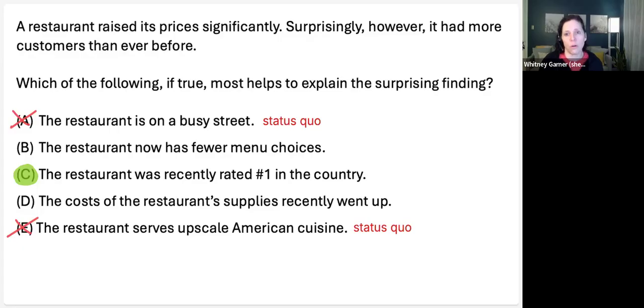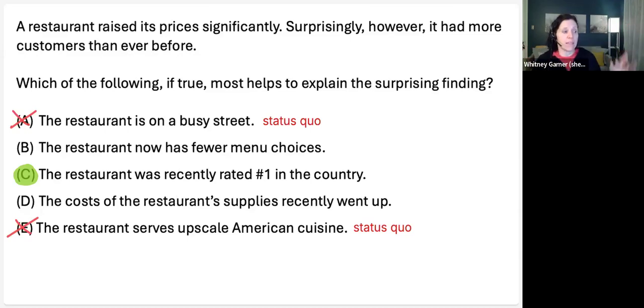The other two are also kind of common wrong answer choices. And I think it sometimes has to do with catching people who misunderstand what it means to help explain, right? So sometimes people will read help explain and they think that their job is to try and explain one or more of the facts, right?